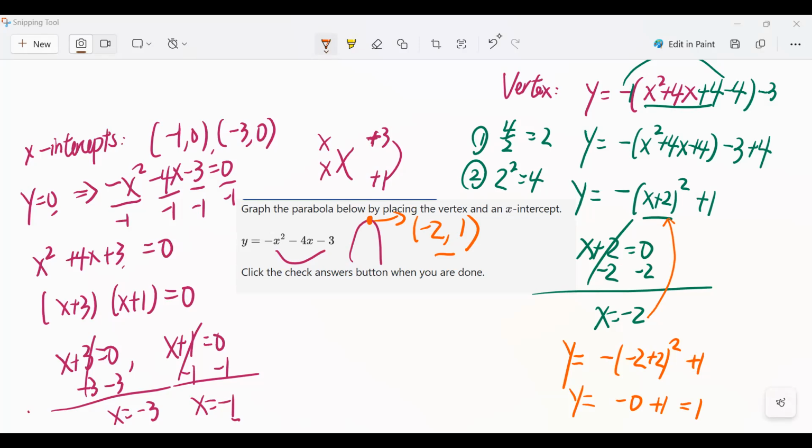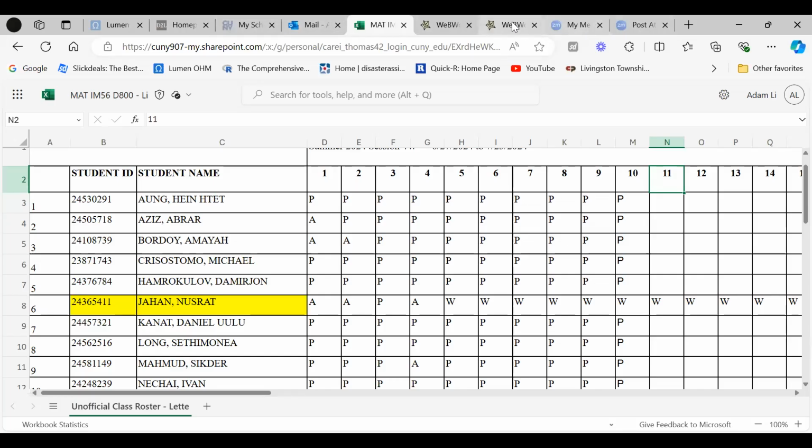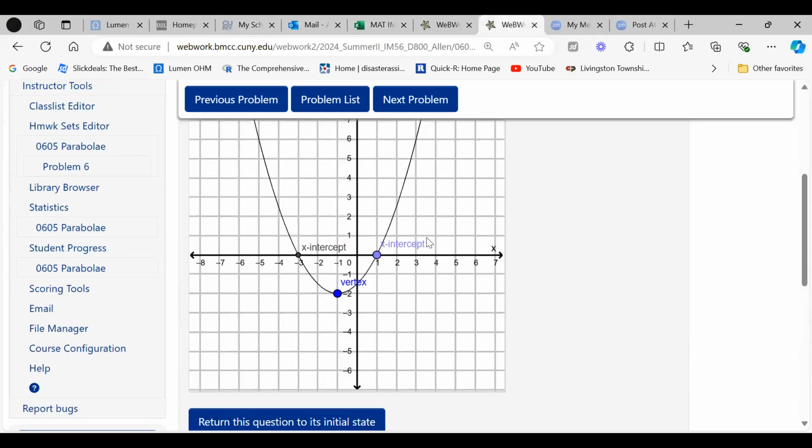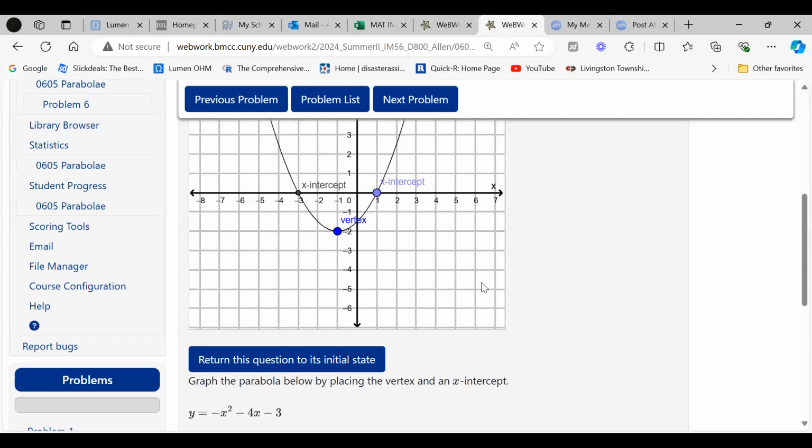Okay, once we have this, we're going to go back and see the answers here. Let's start with the vertex. In this case, the vertex is (-2, 1). And then the x-intercepts are going to be -3 and -1, right?